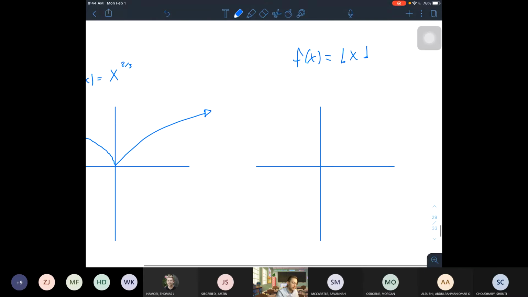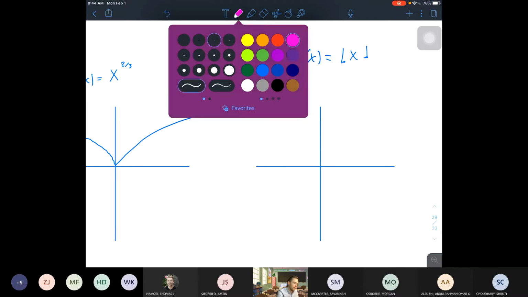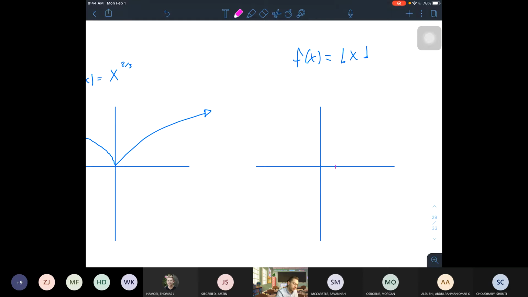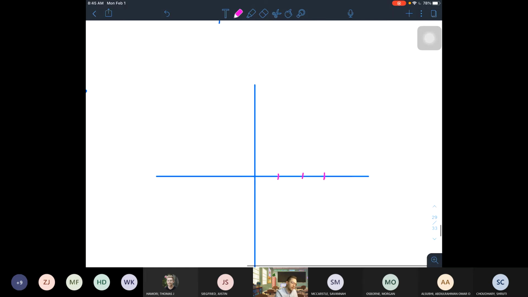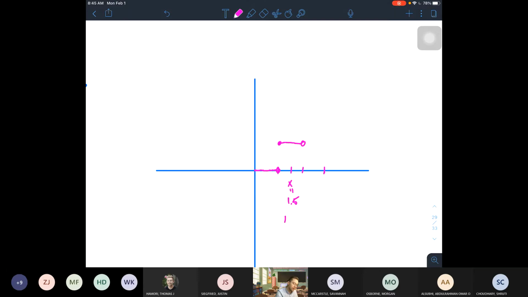And then this last one, we call the floor function. For each interval here, it's going to be the number if we were to just cut off all the decimal points. So it looks like this. For x equals 1.5, the floor function of 1.5 is going to be equal to 1.